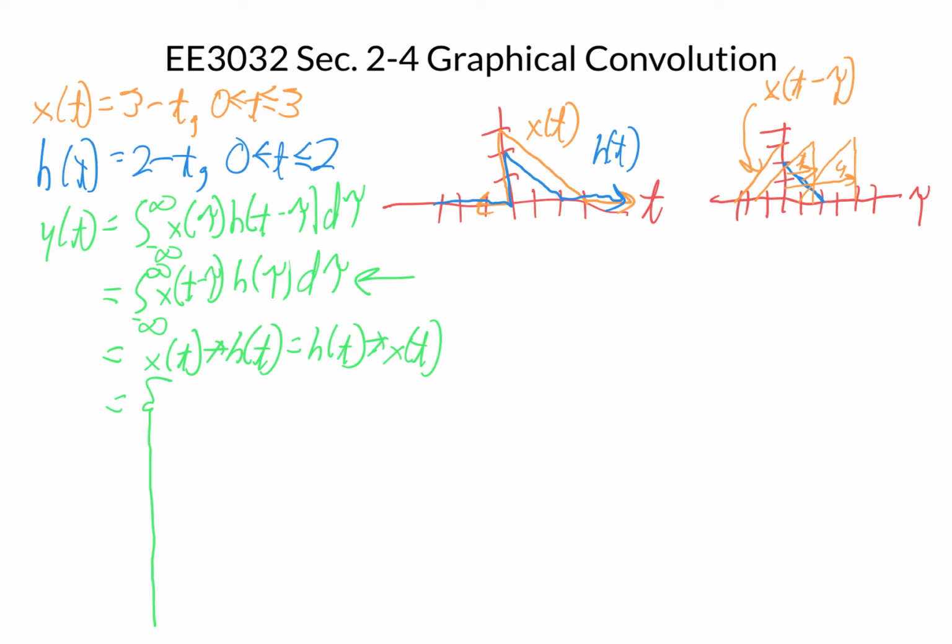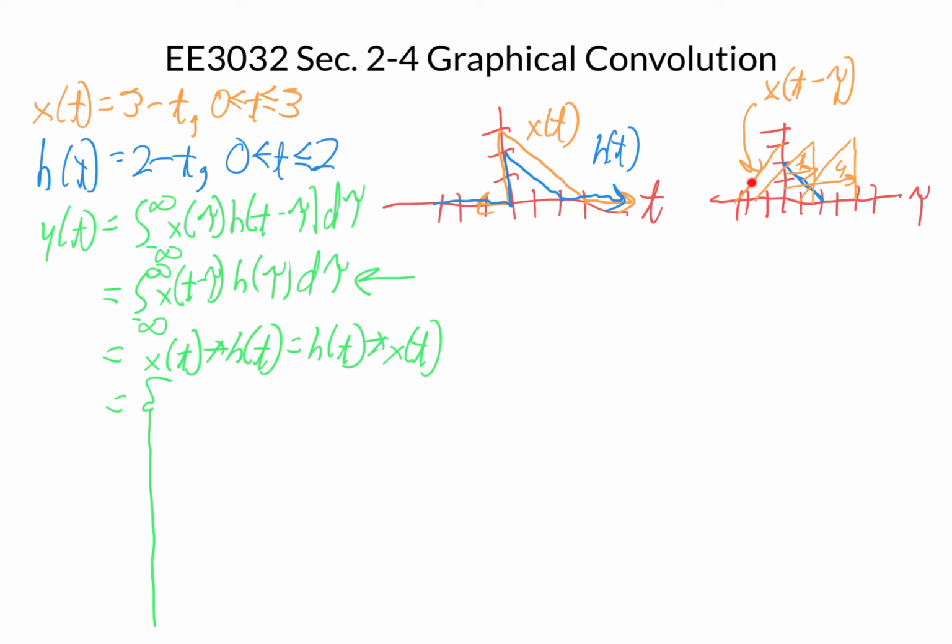So the first region we have is when the shift variable is less than 0. So here we have the value when t, the shift variable, is 0, and if we let that variable go negative, then the transformed input x is moving farther to the left.